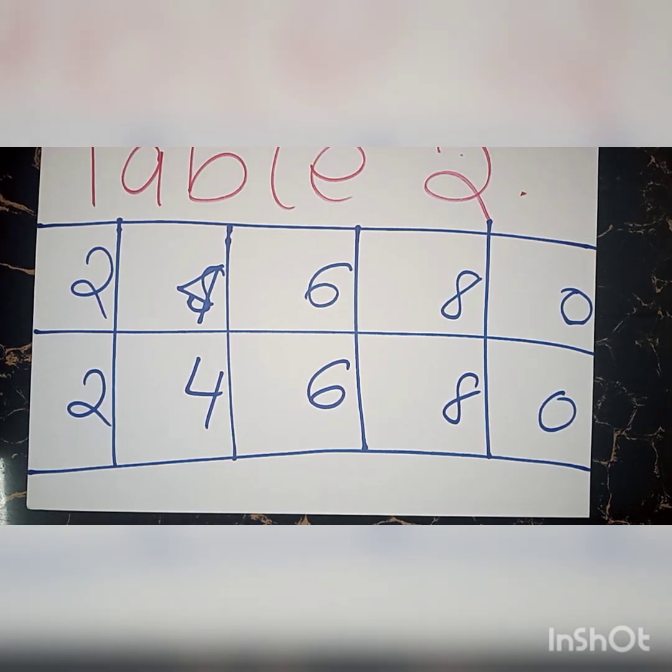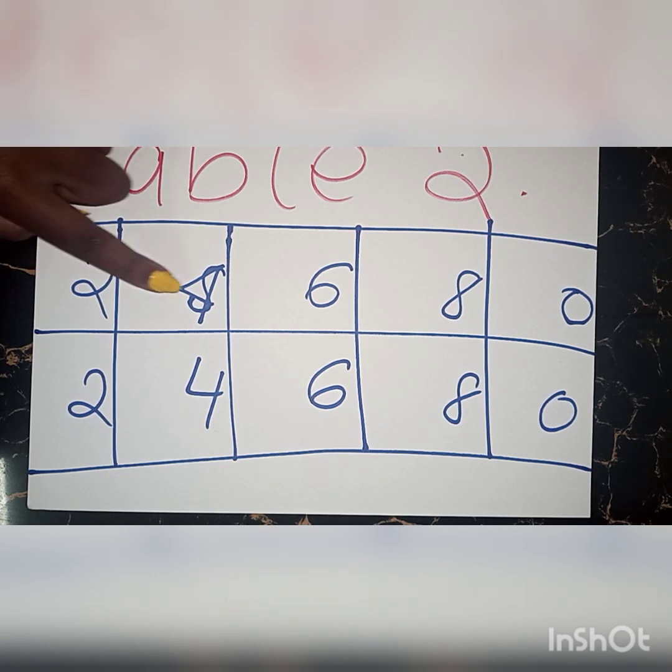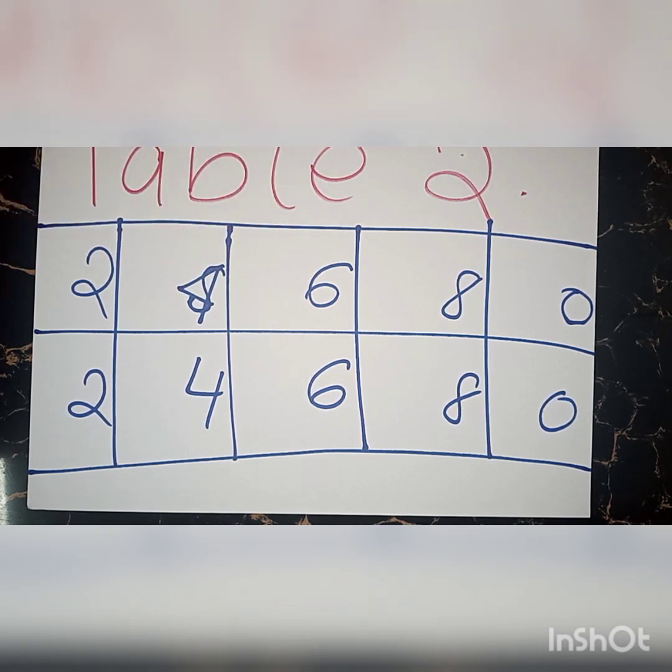Okay, so now that we've filled the ones digits in both rows, let's look at what we should write in the tens number place. Okay, so we'll write zeros for the digits in the tens number place for the first row.